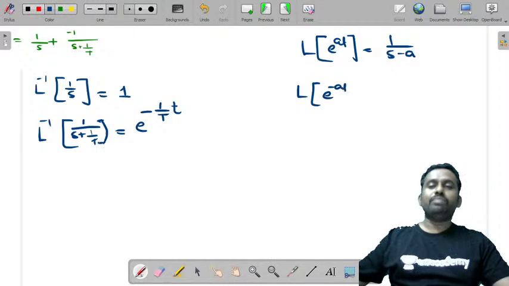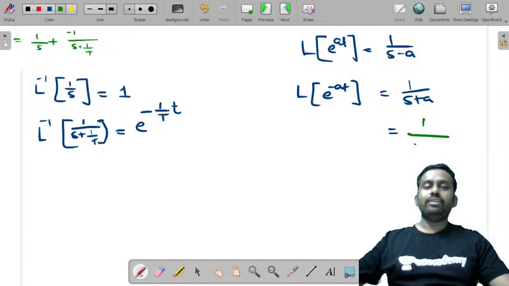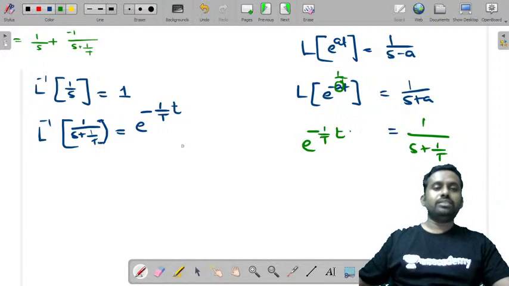Laplace of e power minus at is equal to 1 by s plus a. Now here in this case you have 1 by s plus 1 by T, so a should be replaced by 1 by T, that is e power minus 1 by T into t. This is what you'll get.